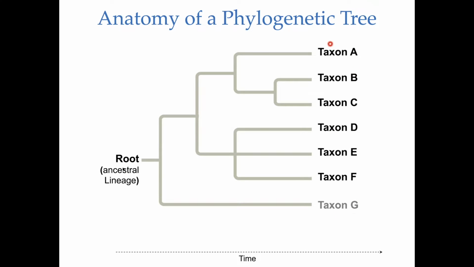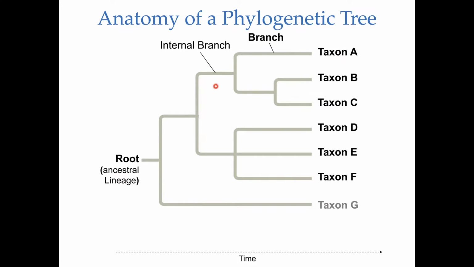If those are species, then this would be the common ancestor between all of those species. It's as if to say that back in time, all of those species originated from this ancestral lineage here.